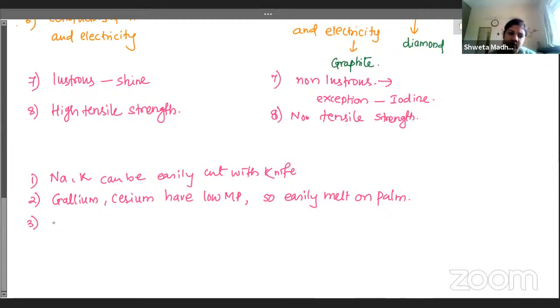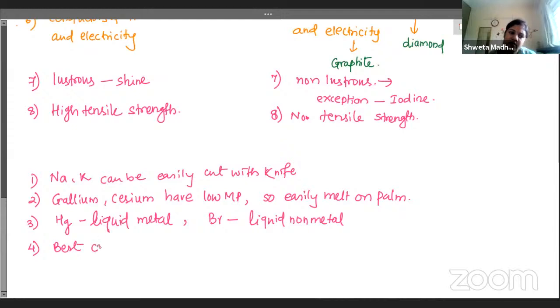Third, mercury is a liquid metal and bromine is a liquid nonmetal. Silver is the best conductor of heat and electricity.